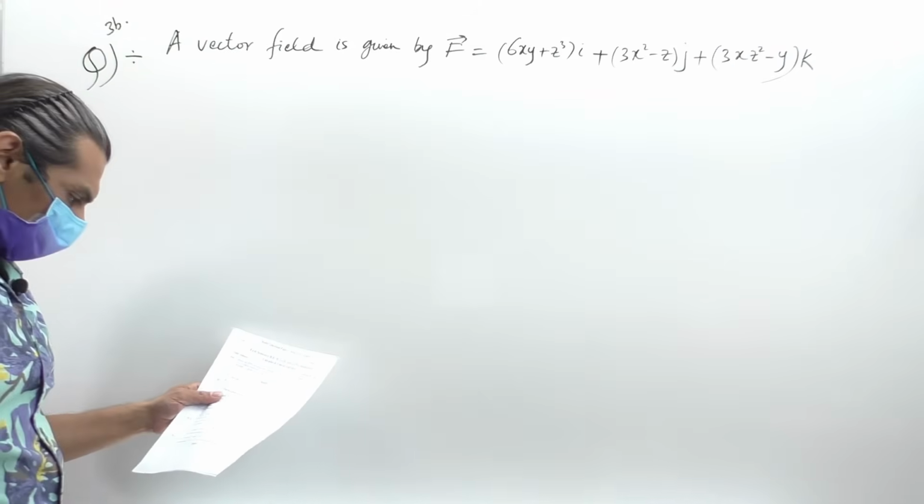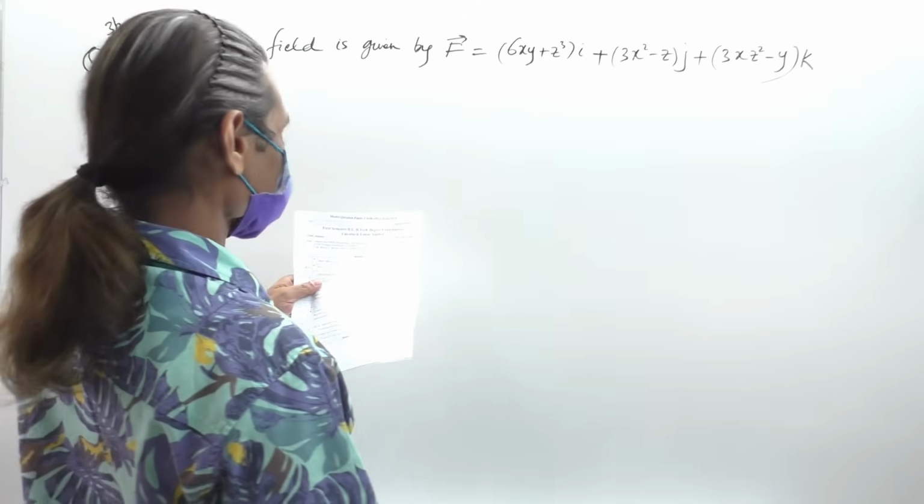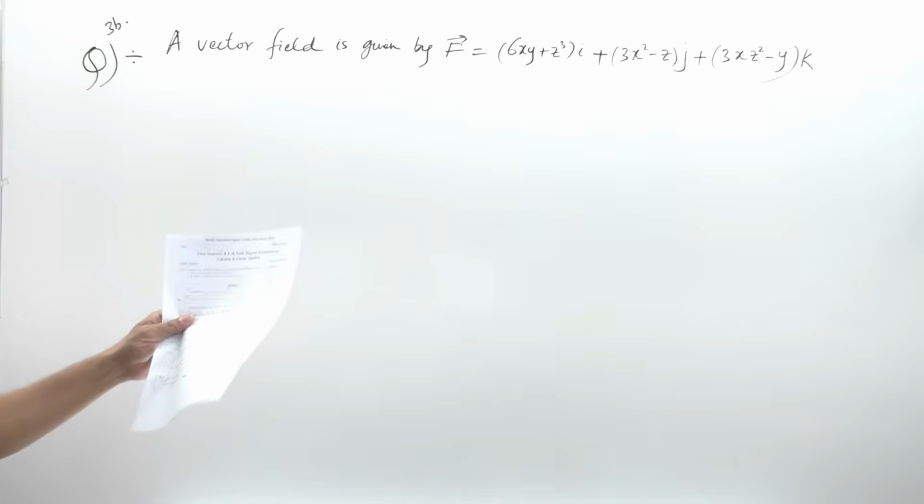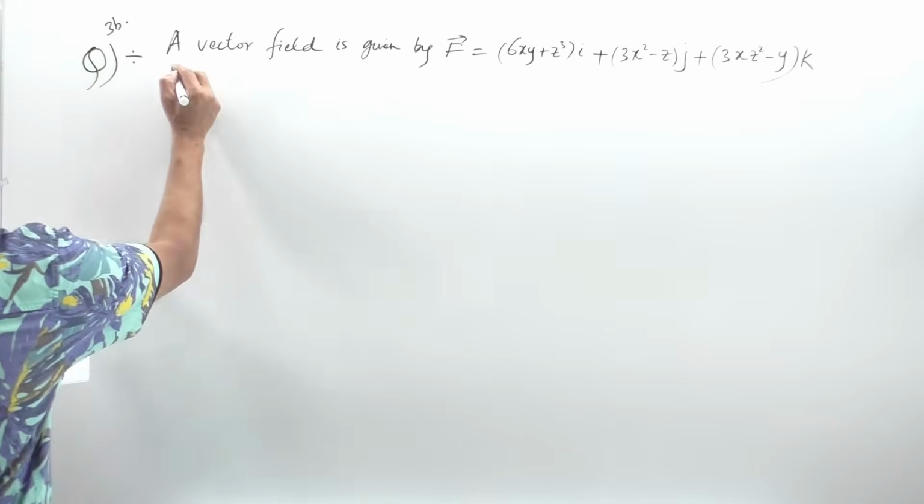Take the question correctly. So I'll verify it once again. F is equal to 6xy plus z cube into i plus 3x square minus z into j and 3xz square minus y into k. Okay, perfect.